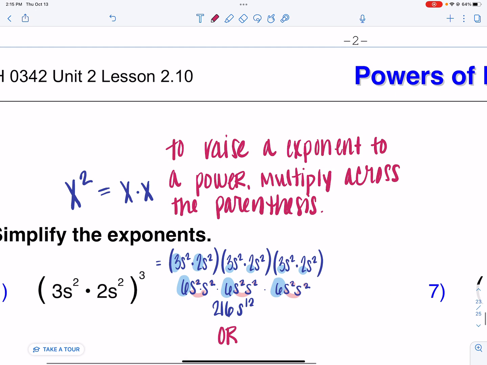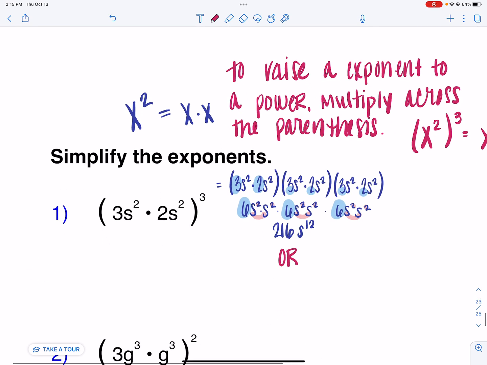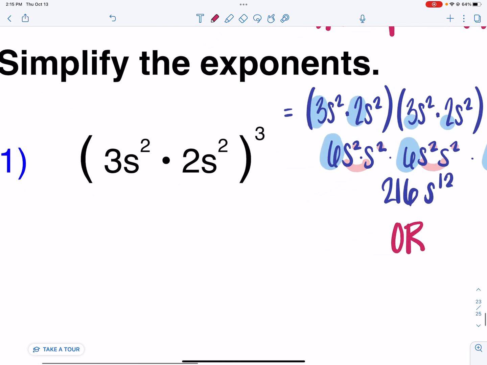So if we have x squared to the third power, this is x to the 2 times 3, which is the same as x to the 6th. So that's the idea we're going to apply on our second option.